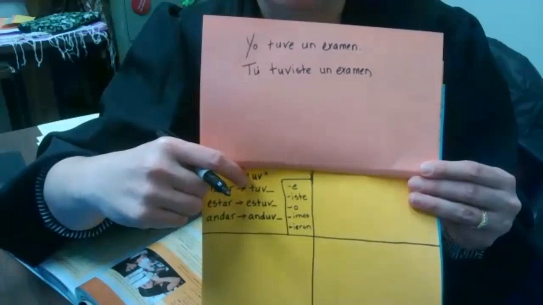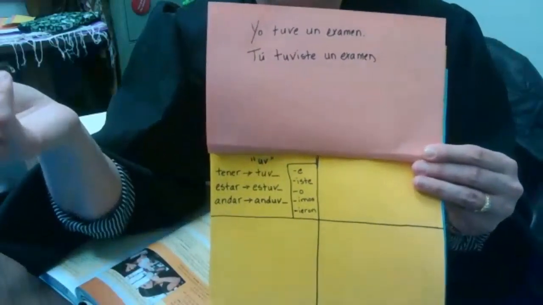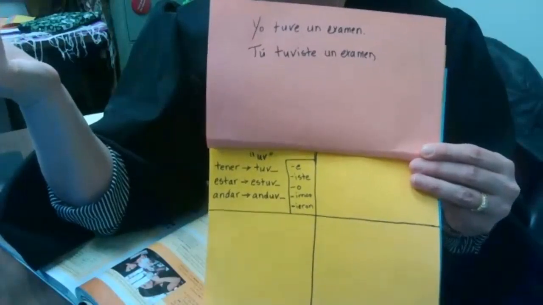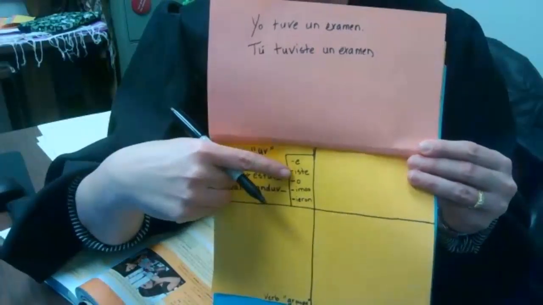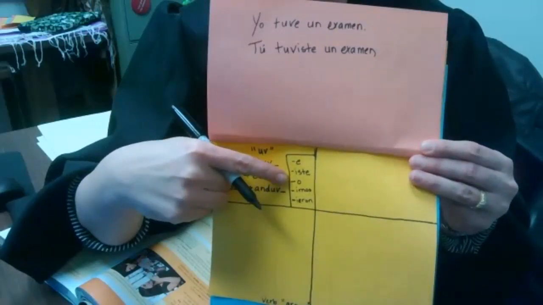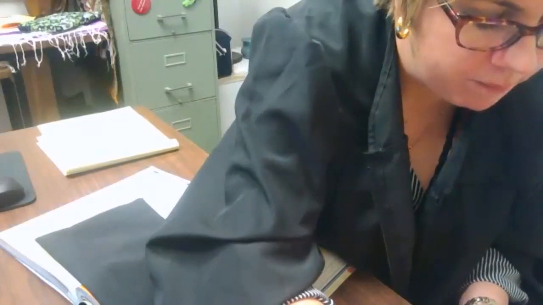So tuv, iste, tuviste. And if Sam had a test last period, then I would say Sam tuvo. I'd put an O on the end of it for him. So Sam tuvo un examen.